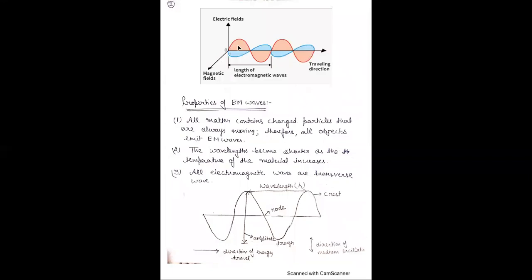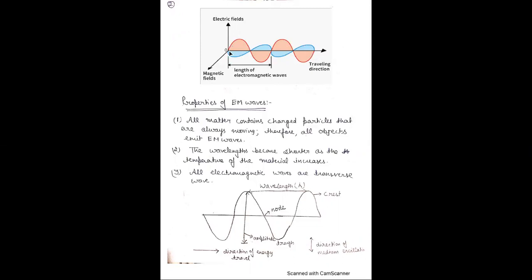Here the red represents the electric field and the blue represents the magnetic field lines. Suppose this is X, this is Y, and this is Z. If the magnetic field is along the X-axis and the electric field along the Z-axis, both are perpendicular to each other, and the wave propagates, means the EM wave travels, in the Z direction.